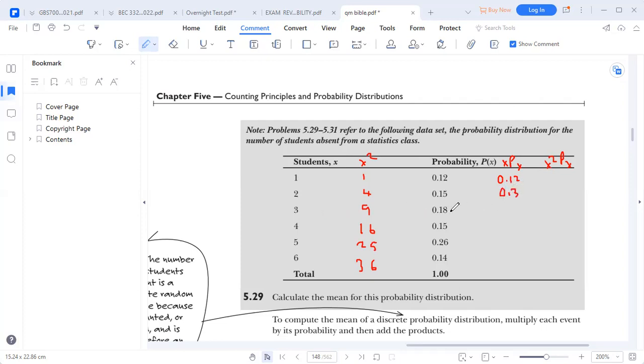3 times 0.18, get 0.54. 4 times 0.15, get 0.6. 5 times 0.26, get 1.3. 6 times 0.14, 0.84.